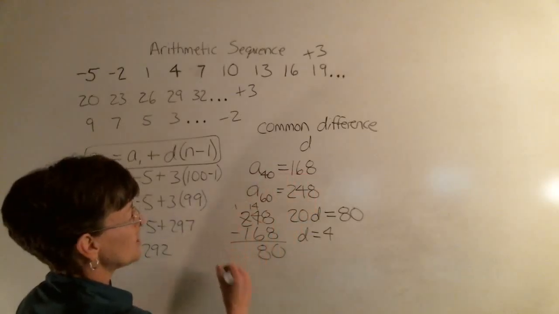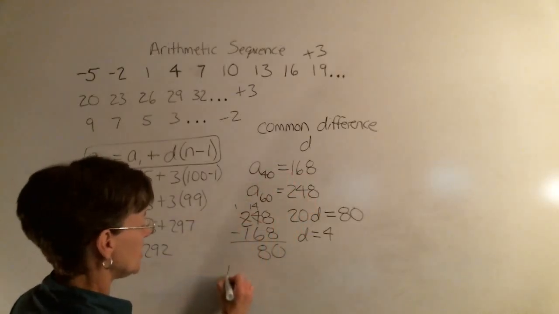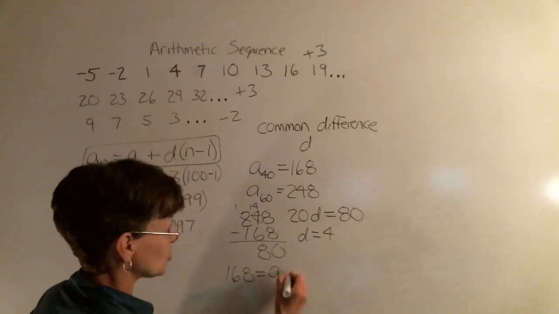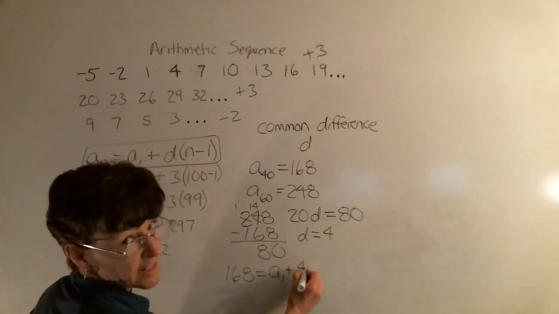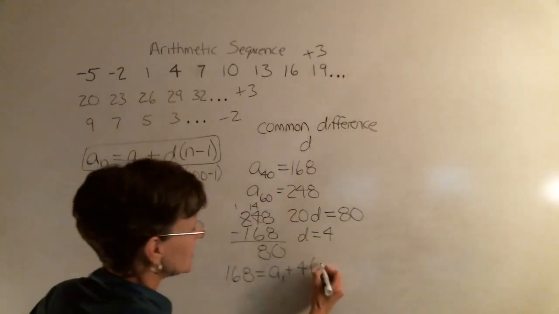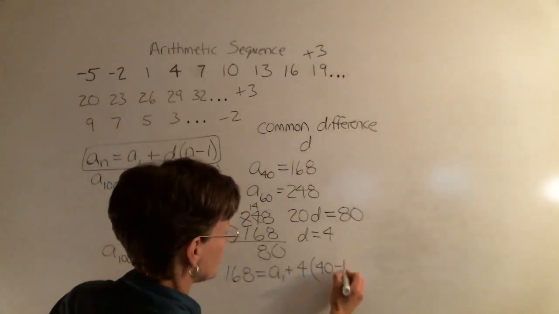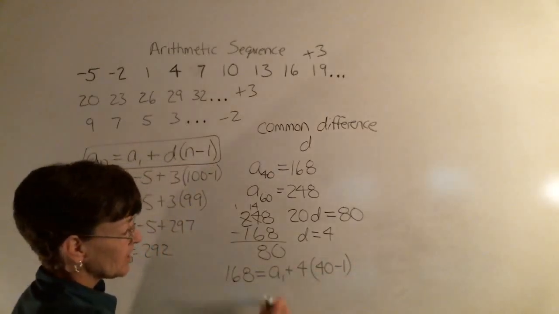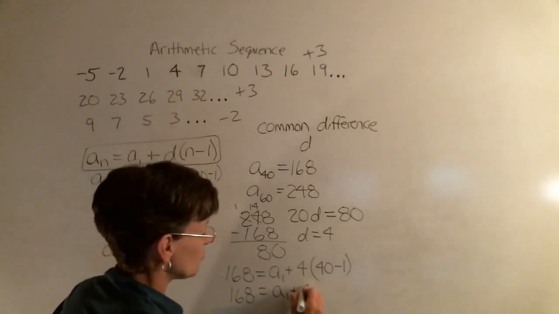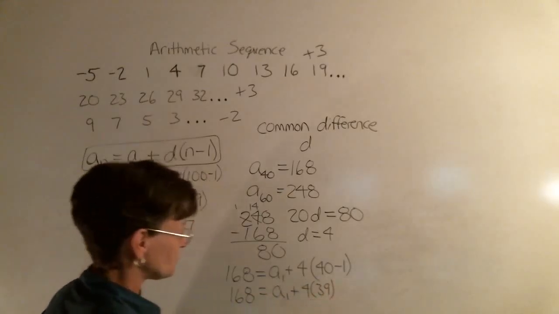So we'll do a sub 40 equals 168. So 168 is equal to my first term plus my d, 4, times n minus 1, where n is 40, since this is the 40th term. So I've got 168 equals a sub 1 plus 4 times 39.